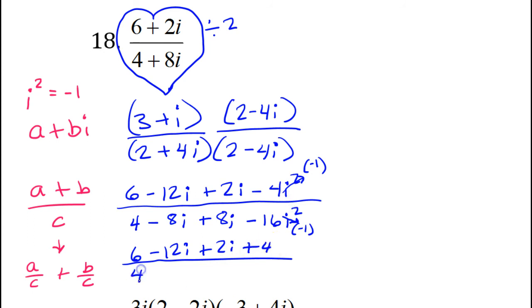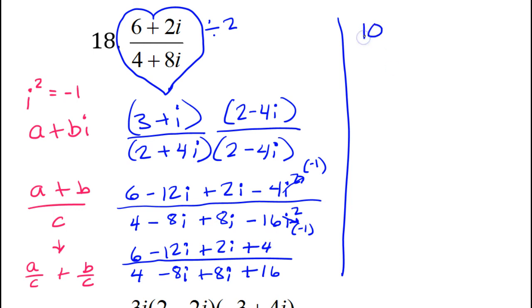And down here I've got 4 minus 8i plus 8i plus 16 because of the i squared. Now, combining like terms, 6 and 4 make 10. So I have 10, negative 12i, positive 2i, that's negative 10i. These cancel out. 4 plus 16 is 20.